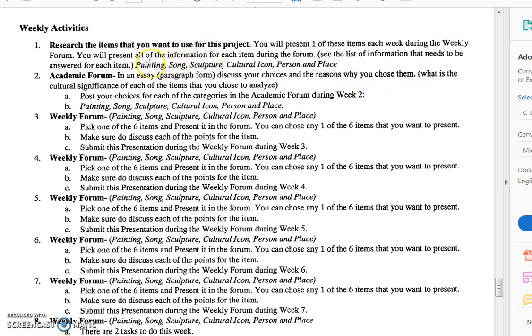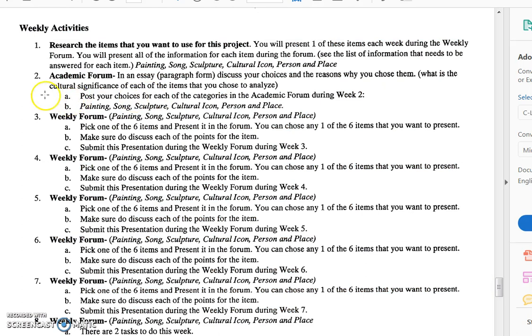In other words, you're going to tell me which painting you're looking at, which song, which sculpture, which cultural icon, etc. One of each: one painting, one song, one sculpture, and so on. You're also going to tell me why you chose them. This is the academic forum. It's similar to what we did in the first bimester. You're just going to be talking about what your choices are.